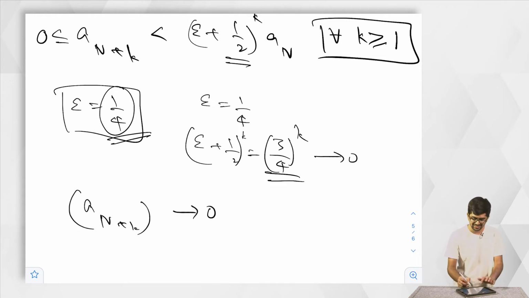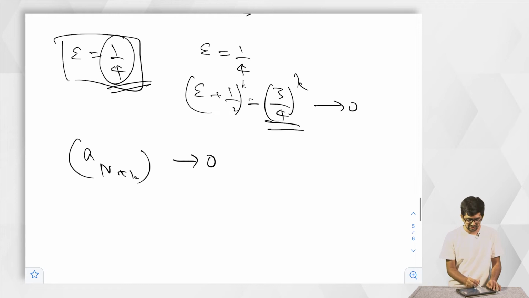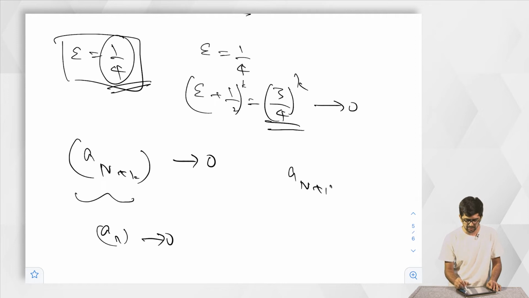See, it is not very clear whether this is the same thing as saying a_n goes to 0, because this sequence starts at a_{n+1}, a_{n+2}, and so on.